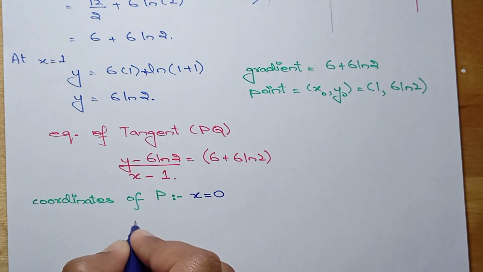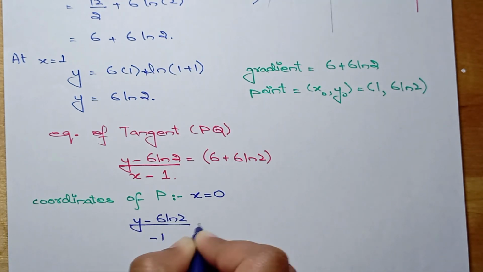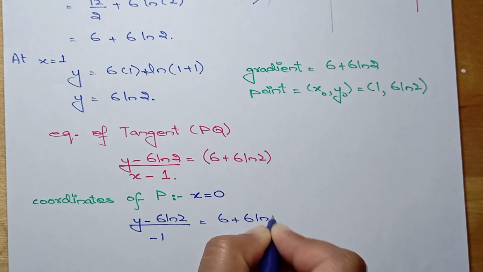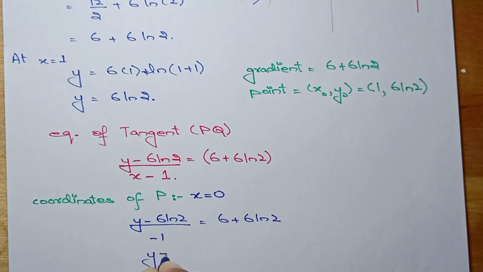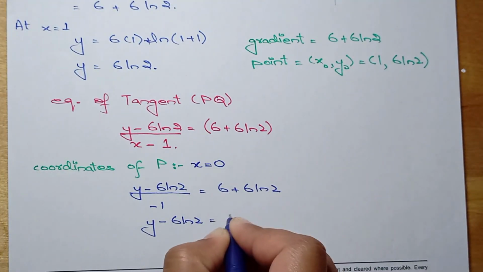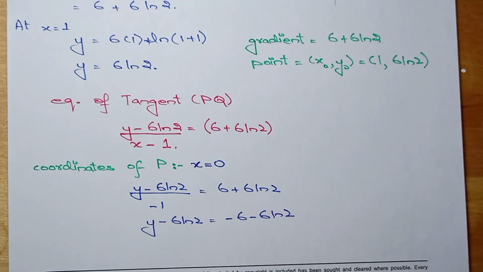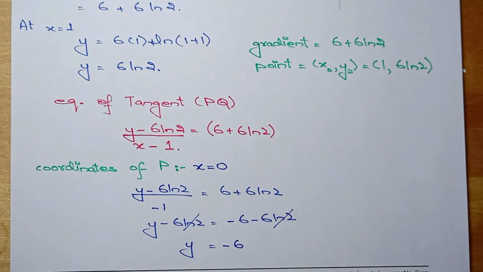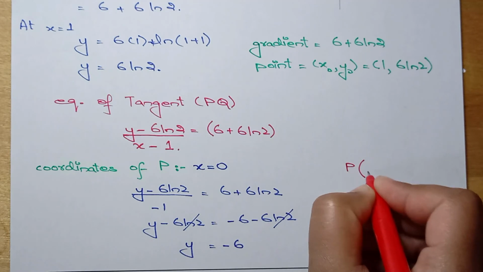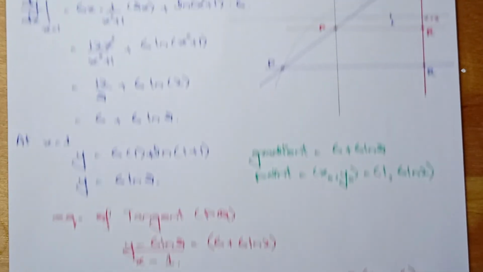When we put x equals to 0, we have y minus 6 ln 2 over minus 1 equals to 6 plus 6 ln 2. So y minus 6 ln 2 is equals to negative 6 ln 2, right? So we can cancel negative 6 ln 2, negative 6 ln 2. So here y value is just minus 6. So the coordinates for point P, we got the point P is x is 0 and the y is minus 6, right?